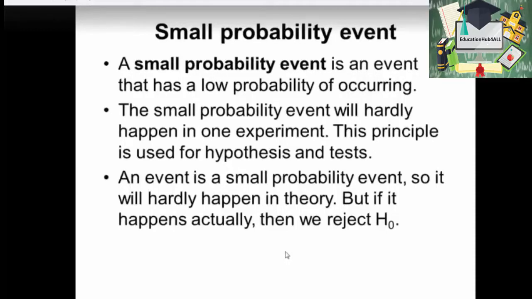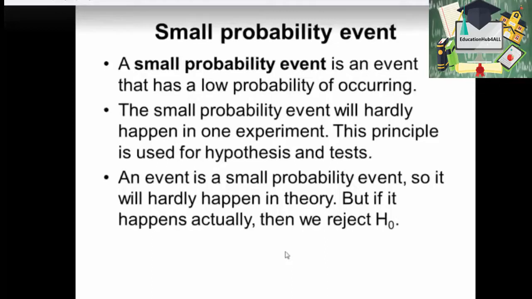Is this small? Most of you may say it's small. Some of you may not think it's small, and only think this other value is small. That's okay, and then we talk about the p-value at this level. This is what we call the small probability event.